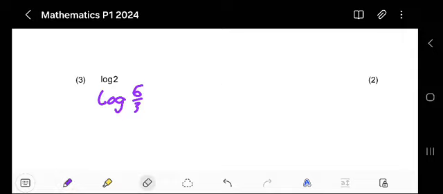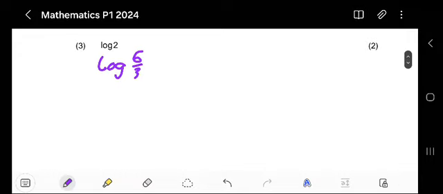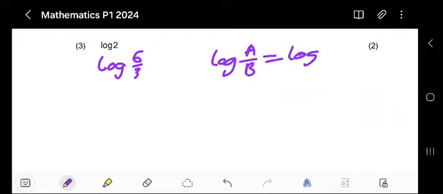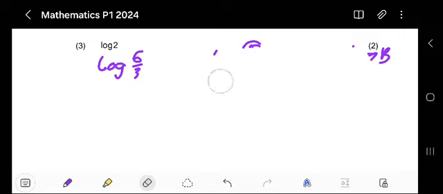But we know the laws. We remember the logs. This is simply equal to the log of the first minus the log of the second. We use that law there.